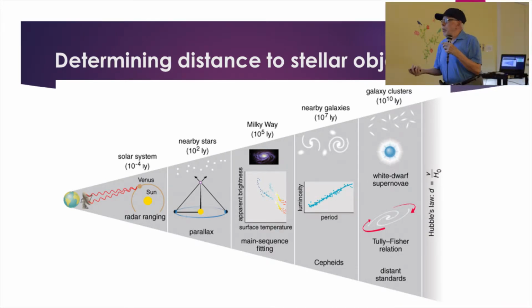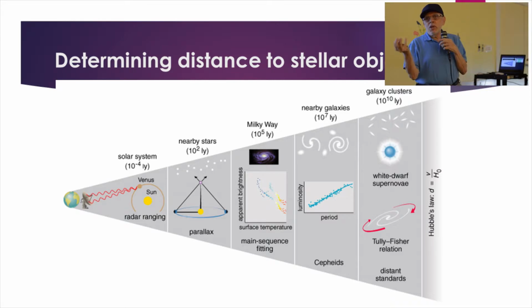For objects in the Milky Way, we can do something called main sequence fitting, whereby we can look at the spectrum of the light that's coming from that object. And the spectrum tells us what the temperature, basically, of that object is.